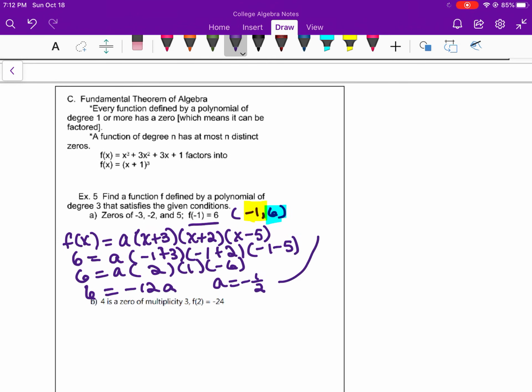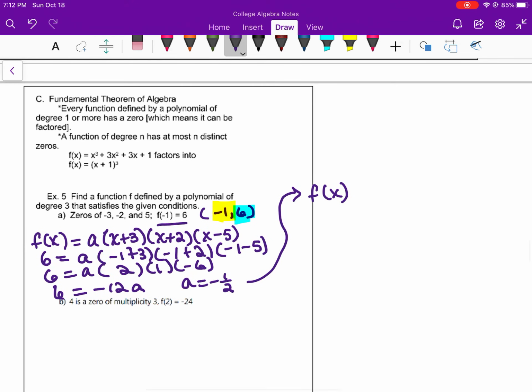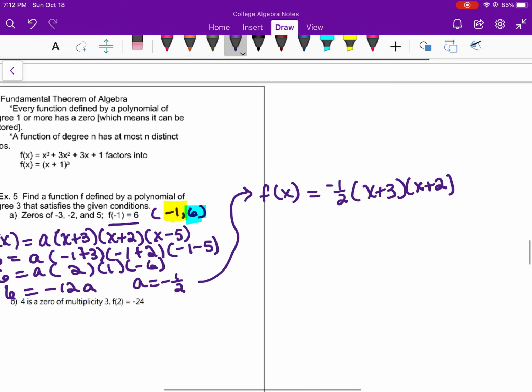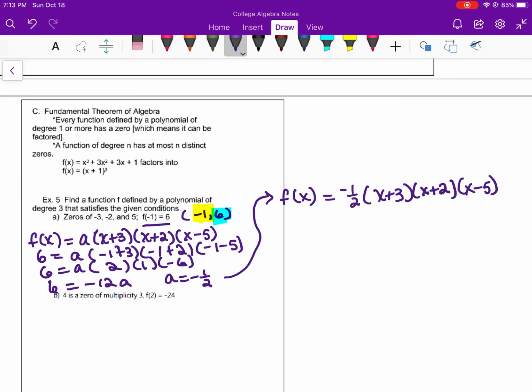From here, they're going to ask you for these in general form, basically, which means you're going to have to multiply them out. So we're going to have to FOIL and so forth. I'm just looking back through my work, making sure that I don't have any mistakes, and so far it looks pretty good. Okay, I'm FOILing out the first two factors.